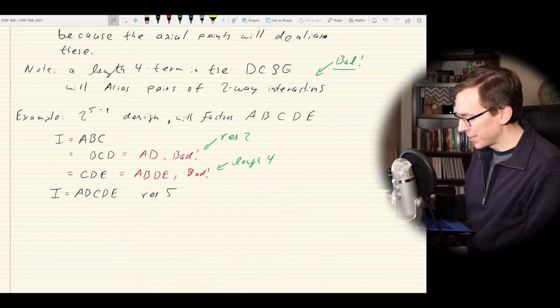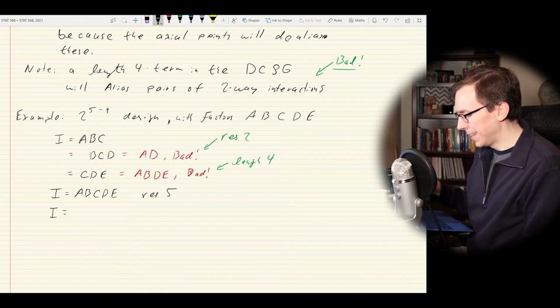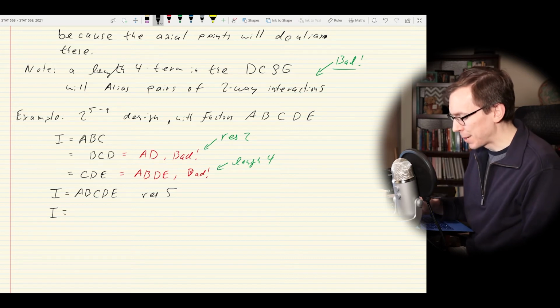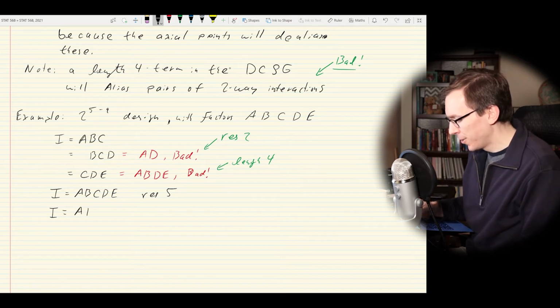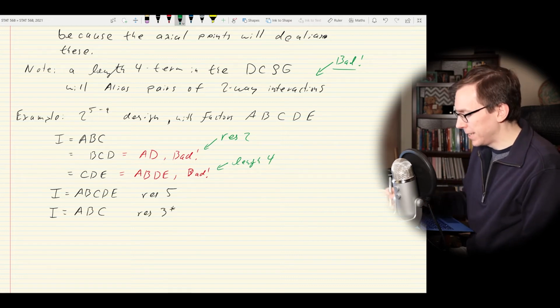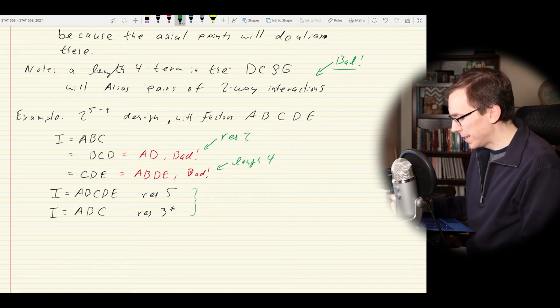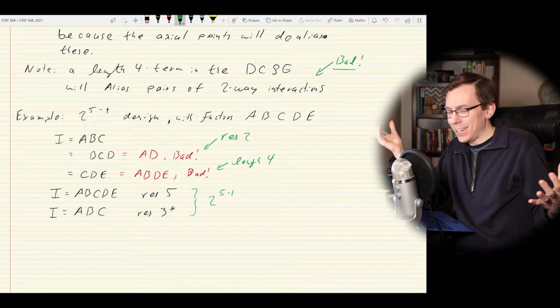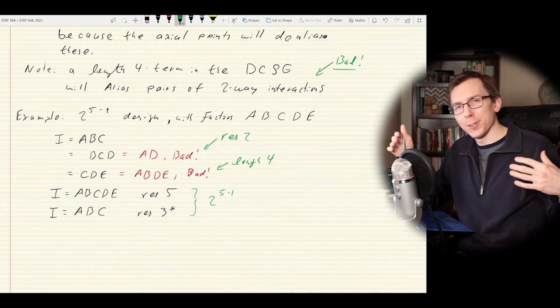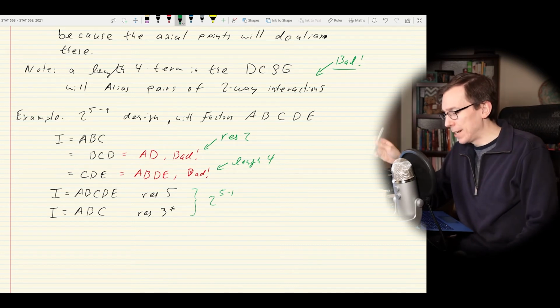We could have a resolution 5 with a single term in our defining contrast subgroup being the 5-way term, or we could pick a 3-way term and have a resolution 3-star. But both of these are going to be 2 to the 5 minus 1. So you're not saving anything by going to a 3-star design.